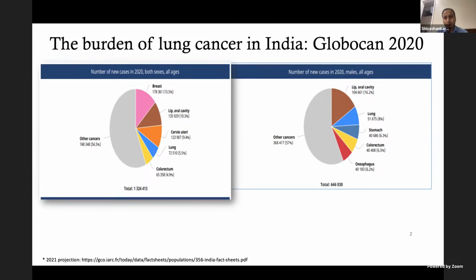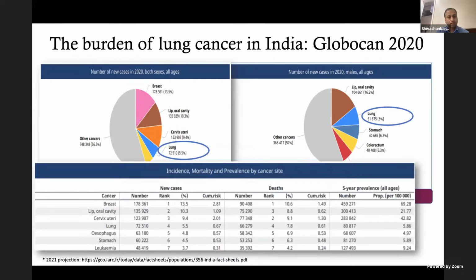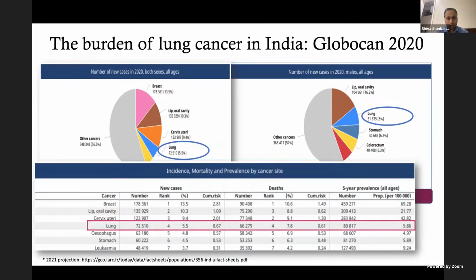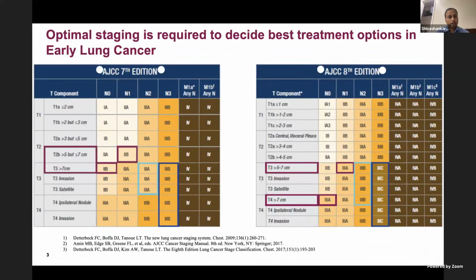If you look at males, it is the second most common cancer in incidence, closely following head and neck cancer. And mortality wise, it is again the fourth leading cancer for death among cancer patients.